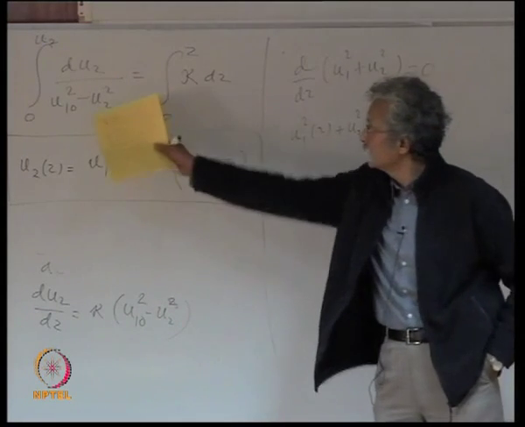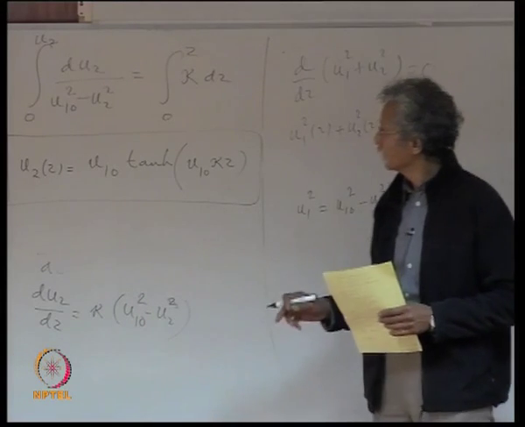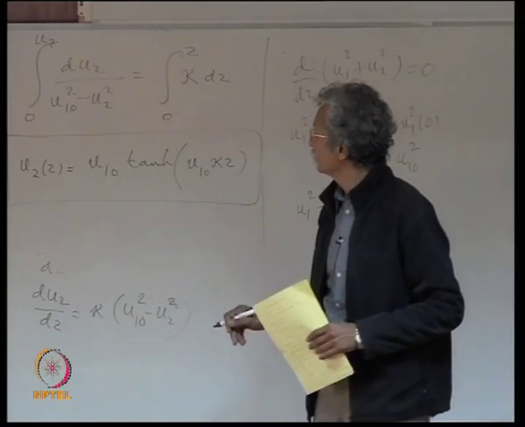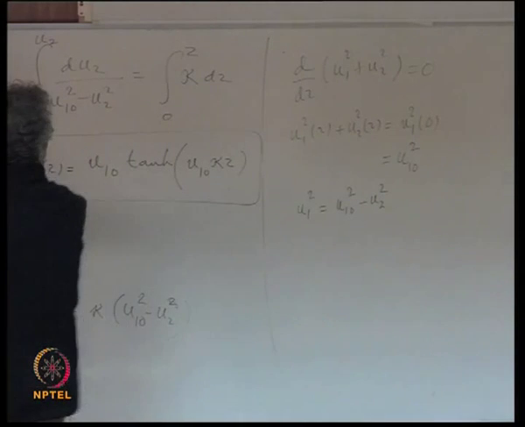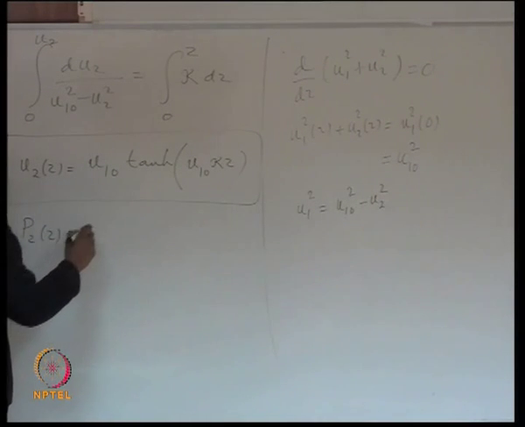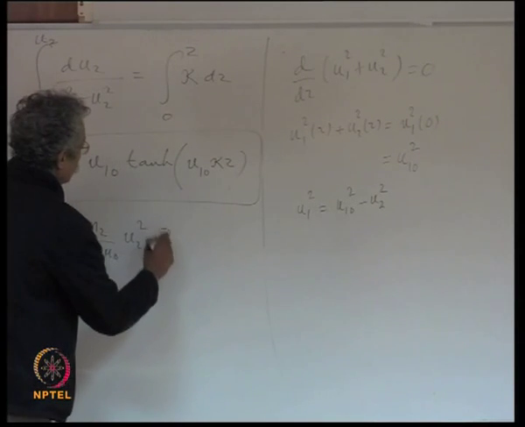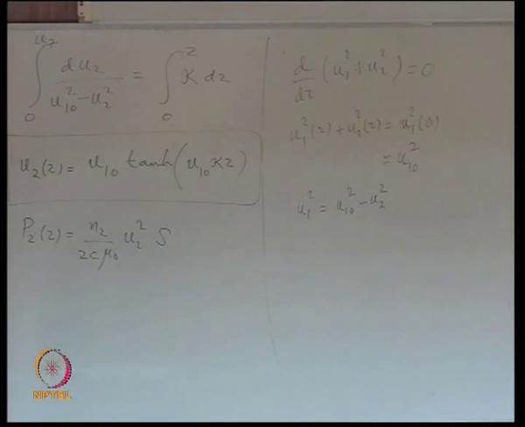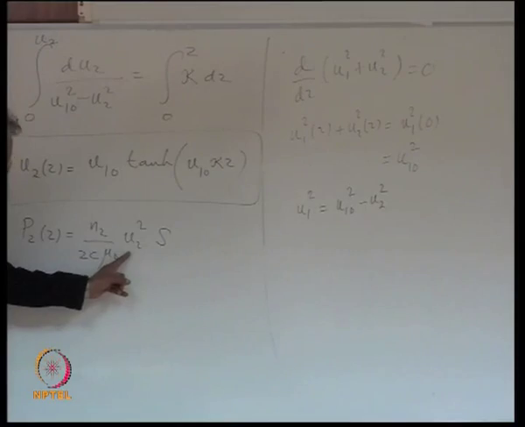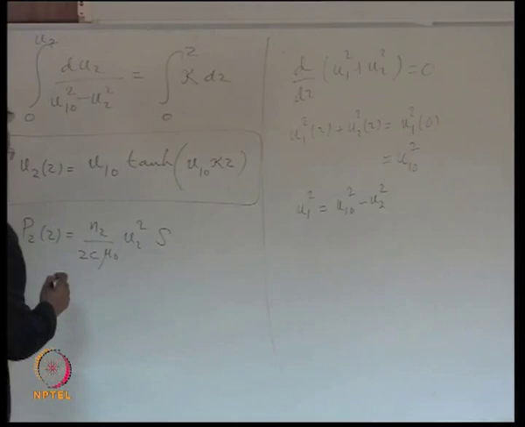You can actually integrate this equation by transforming variables and show that the integral is in terms of tan hyperbolic inverse, and so you get this expression for u2 of z. From here you can calculate P2 of z is equal to n2 by 2c mu 0 mod e2 square into area. Mod e2 square is u2 square, so u2 square is given here.